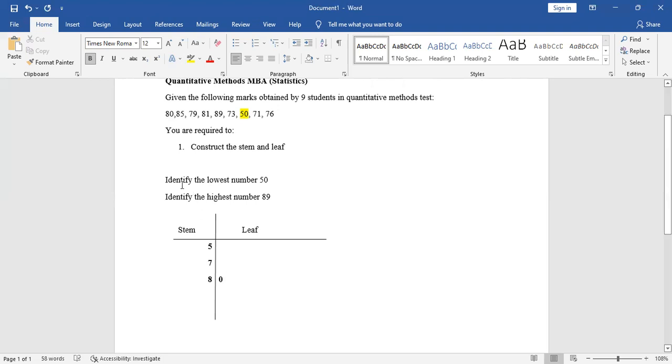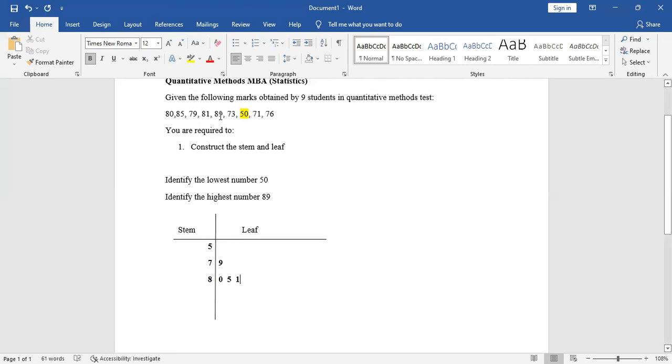The next number is 85, so I'll bring the 5 here, meaning 8 and 5 make 85. The next number is 79, meaning I need to bring a 9 where there are 7s. Then the next number is 81, so I need to bring a 1 where there are 8s.